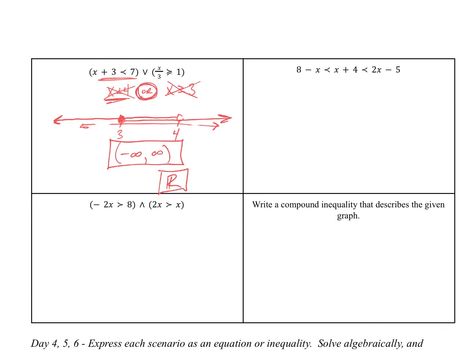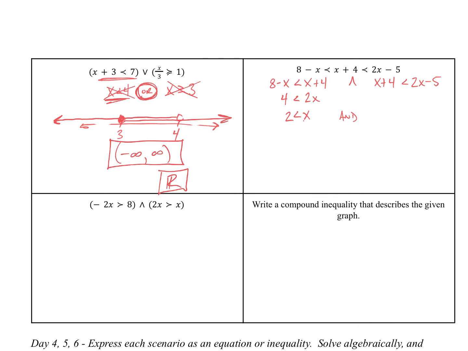All right, over here for the second one, I'm going to split these up into the 2 conjunction cases like I've done in the past. All right, now I'm going to go ahead and solve these individually. So I'm going to have 2x is greater than 4, and that means that x is greater than 2.